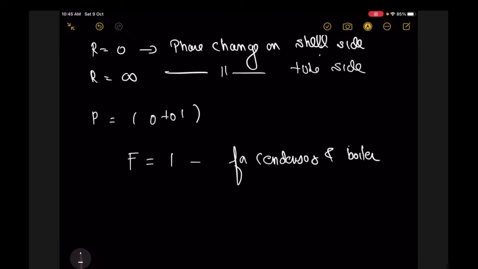So the area required for 1-2 will obviously be larger, because we are increasing the tubes.